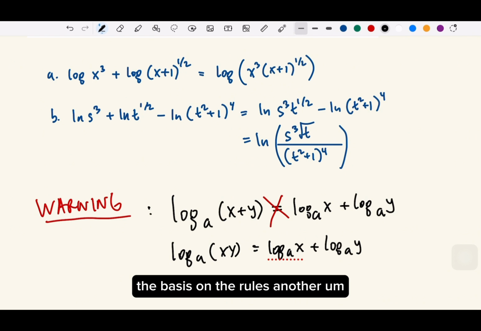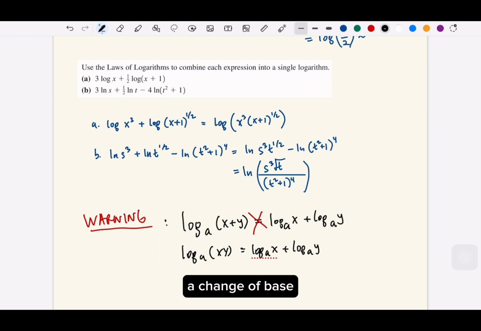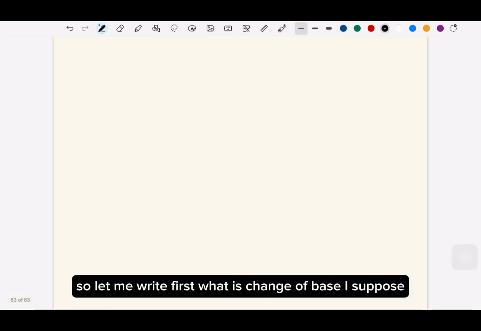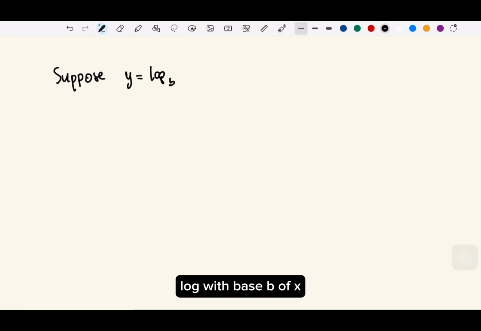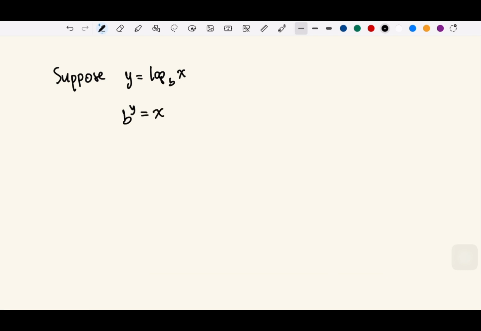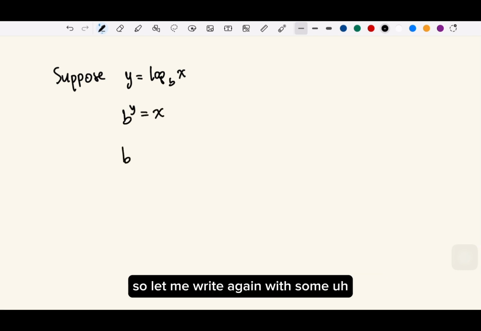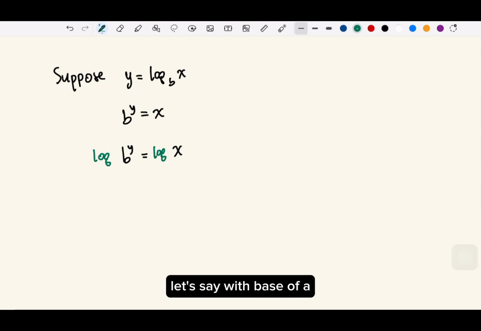So don't forget about the basic rules. Another important rule or law that is applied in the logarithm is the change of base. So let me write first what the change of base is. Suppose we have y equals log with base b of x. So we can write b with power of y is equal to x. Now this is interesting. So let me write again with some distance, and then we take log, let's say with base of a.